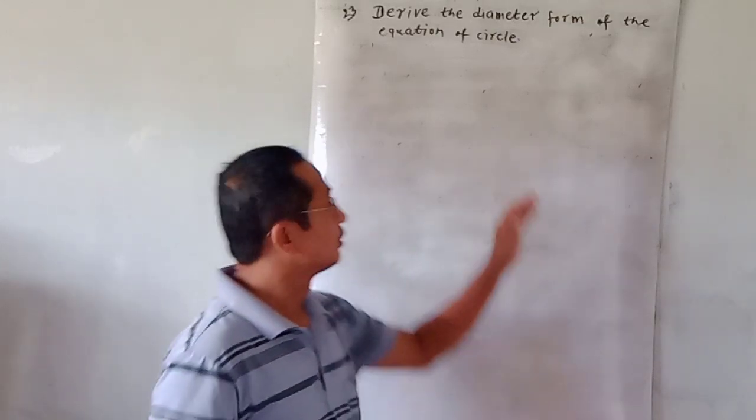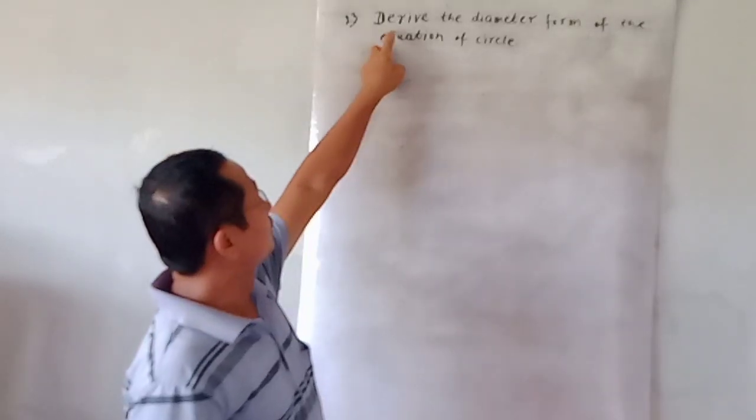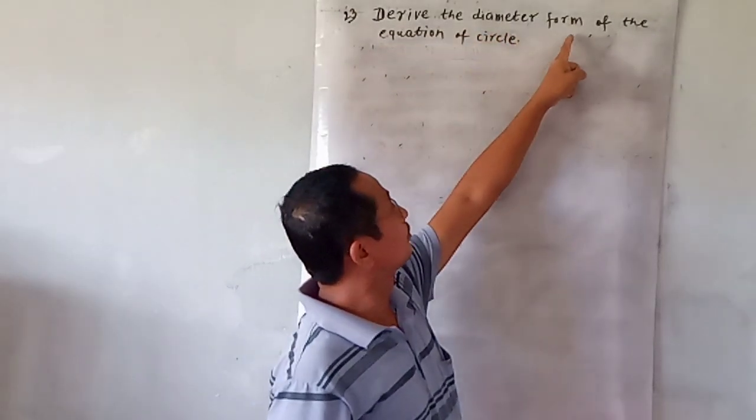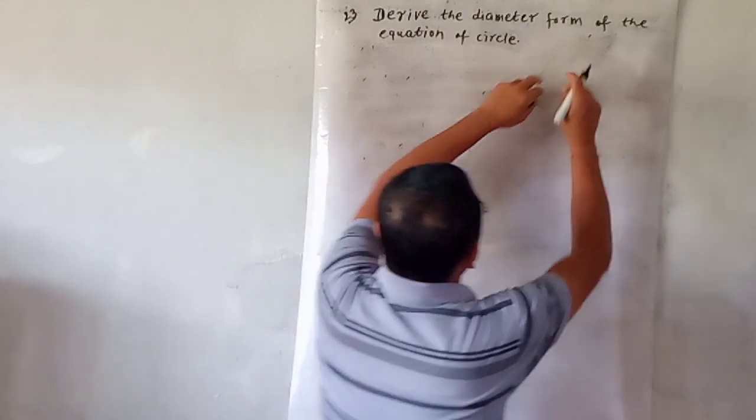Look at here, the question is: derive the diameter form of the equation of circle.